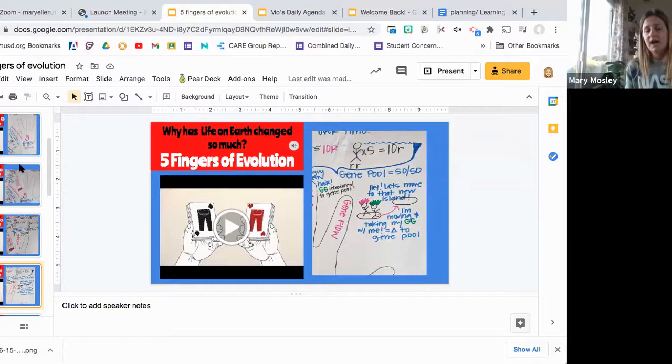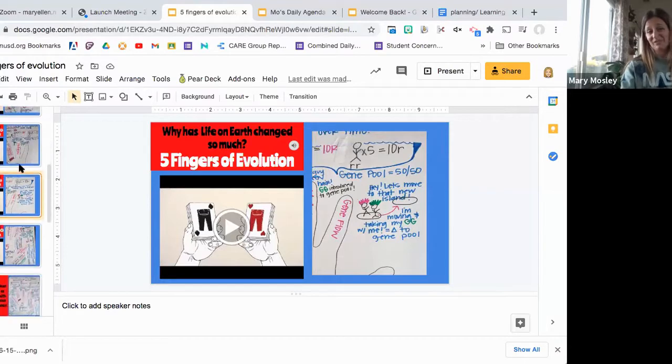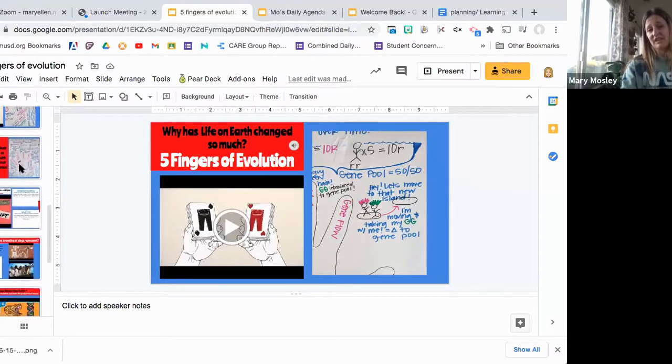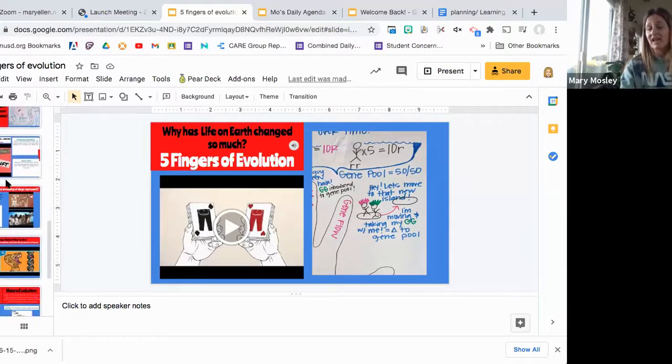I would definitely modify this for students with an IEP, and that would probably be my next step. But now I give them this whole thing, because as we get to these last slides, this is really my check for understanding if they got the information or not.